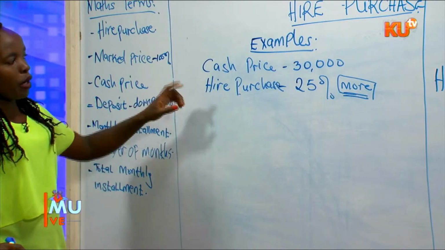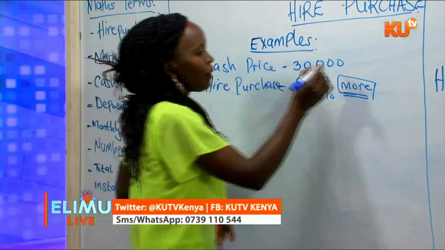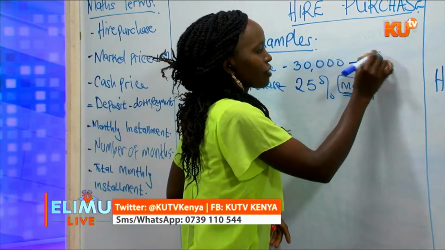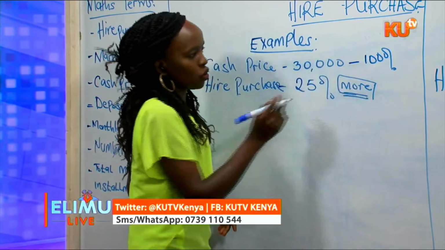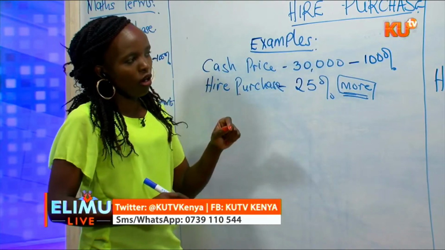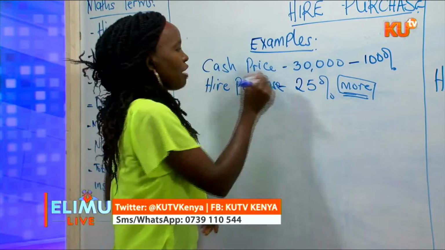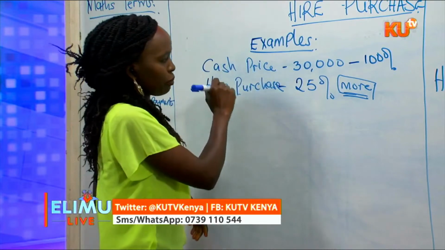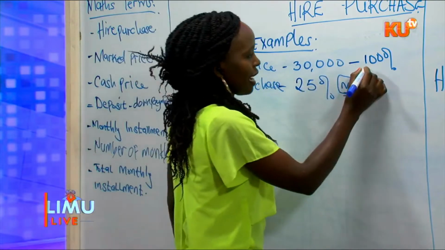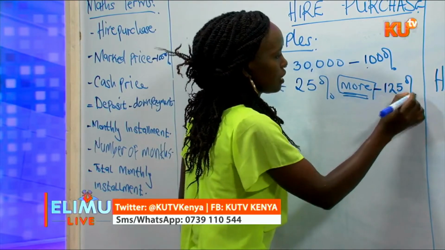So in our case here, we are comparing the cash price and the hire purchase. So we are going to assume that our cash price here is 100% because we are comparing the two. If the hire purchase is 25% more than the cash price, it means that it is 25% above the cash price. It means that you are going to take the 100 plus 25, we get 125%.